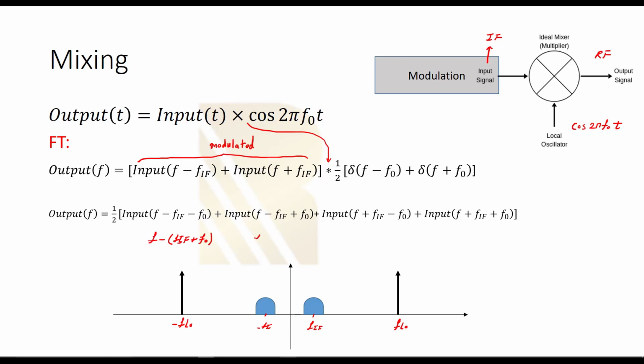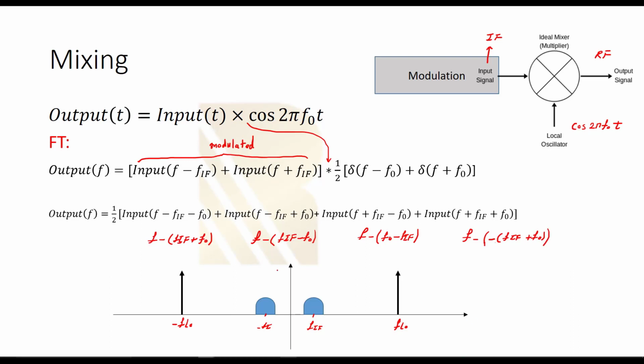And here we have F minus FIF minus F0. Here we have F minus F0 minus FIF. And for the last one, we will have F minus FIF plus F0.